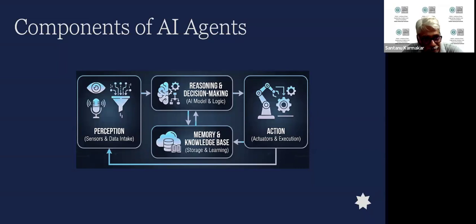You may prompt directly, like I was prompting through the chatbot. Then in the next part, there is a reasoning module which actually takes decisions. You have a memory module which stores the intermediate information, and you have tools attached, actuators and executions, which actually take the actions. I hope this part, the agent, is clear to you.